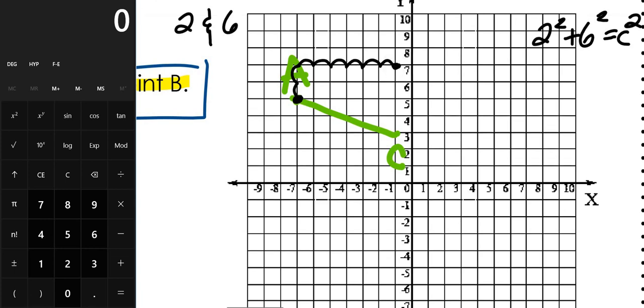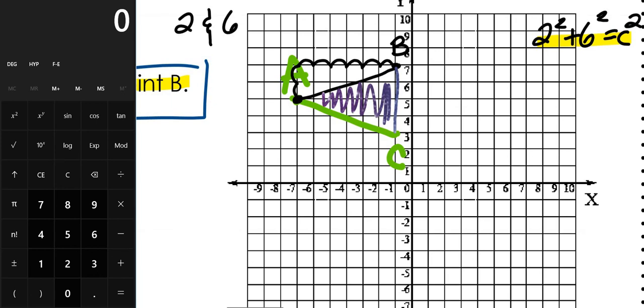Now I'm going to end up at a point B where AB and AC are the same because they have movements of 2 and 6. So my Pythagorean theorem will give them the same length. Here's one triangle where AB and AC are equal. So one option for B is at (-1, 7).